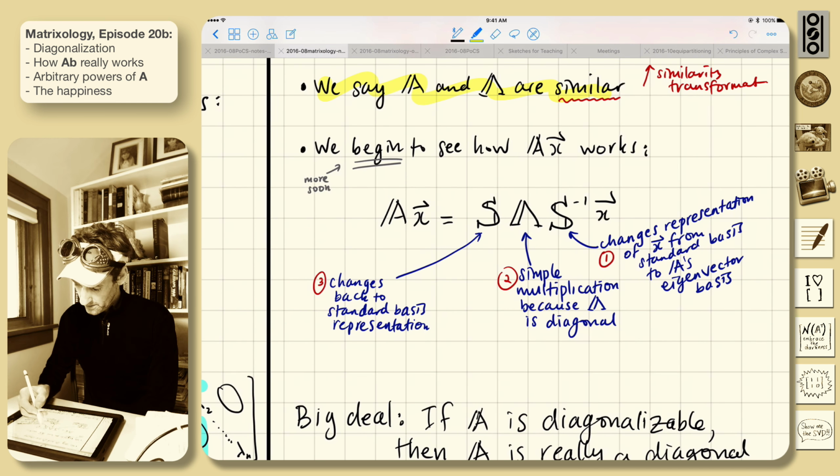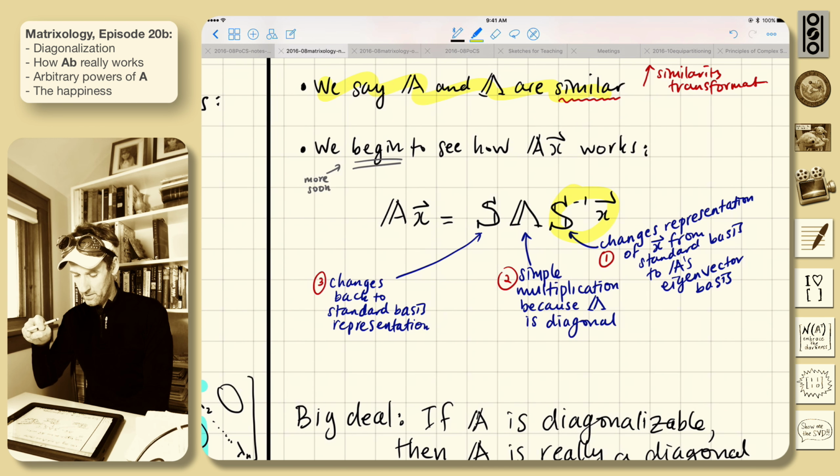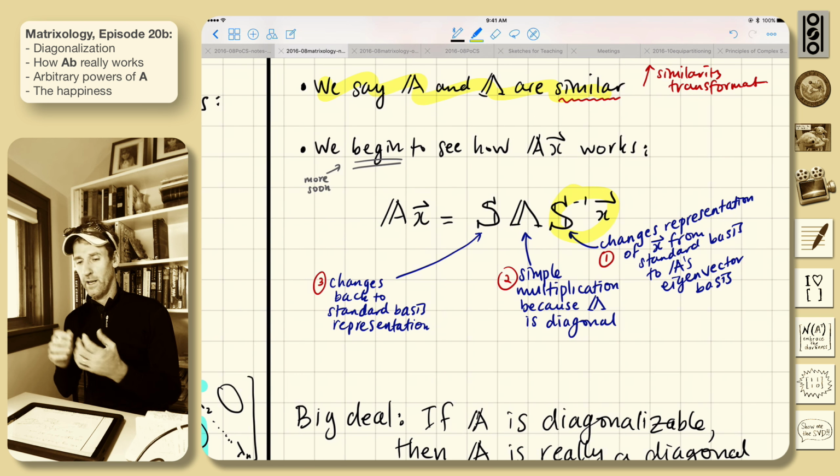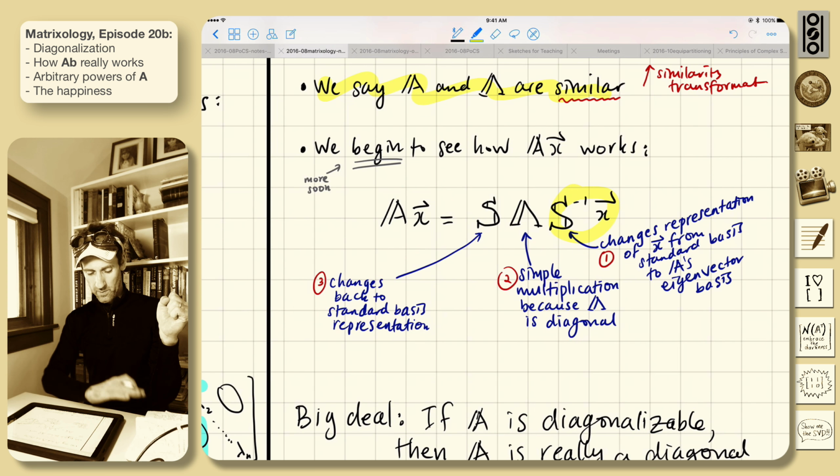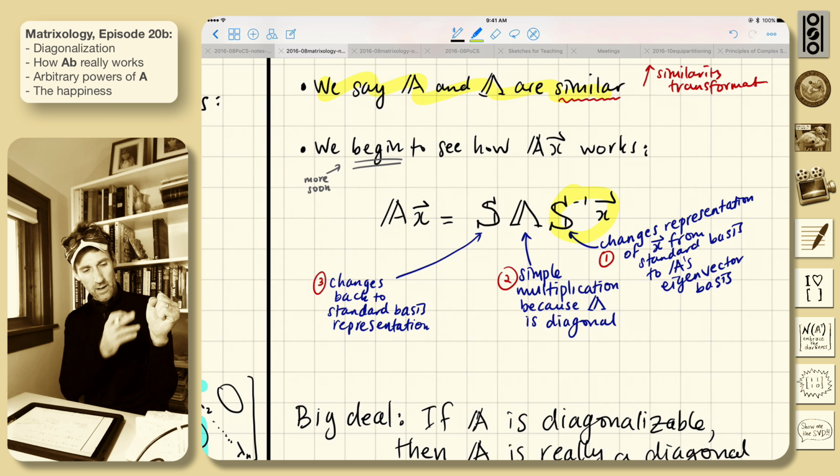What we're going to see is that this piece, that's inverse of S times X, just changes the basis. You can think of it as not changing X, right? X is some point in space, it's some vector. We change from the normal standard axis to a new basis, the eigenvector basis. It's still the same vector. We're just going to represent it differently. We'll repeat this as we go along.